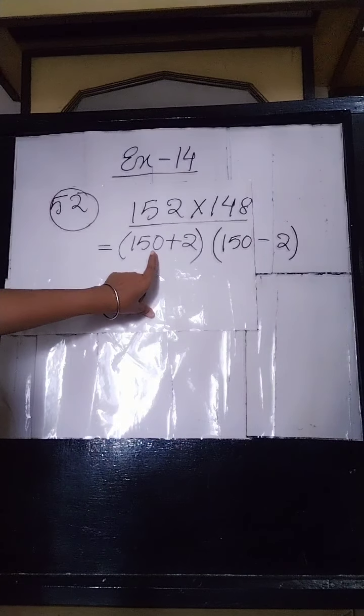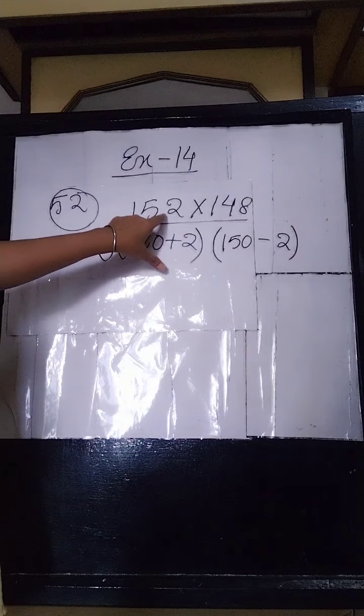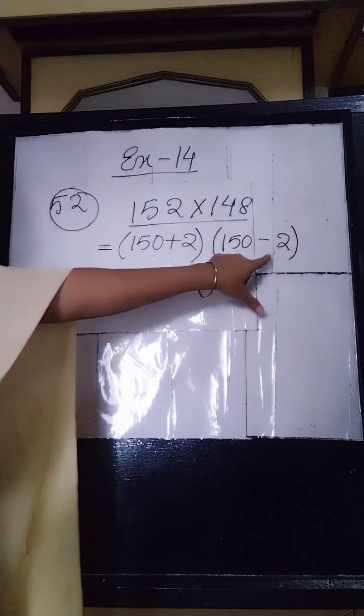So (150 plus 2) into (150 minus 2). See, you can see here that 150 plus 2 is 152 and 150 minus 2 is 148, as you can see clearly. So now we can relate this sum with the formula a square minus b square is equal to (a plus b) into (a minus b).